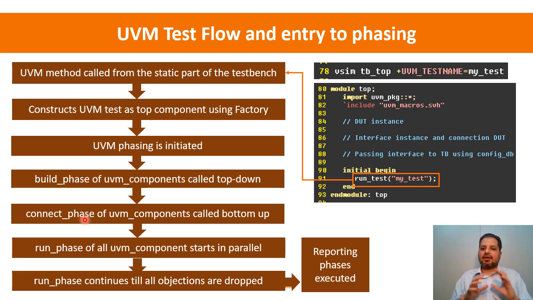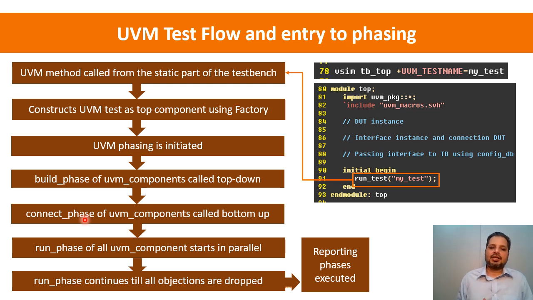Either way, what you have to remember is the run phase gets launched in parallel. For all of the components, the run phase is forked off. If you remember our FIFO test bench, we had forked off the run task of all the test bench components. Similarly, the run phase of every UVM component gets forked off in parallel.